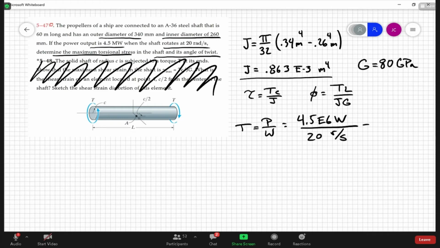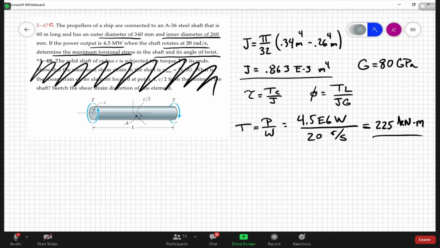And remember the watts is going to have units of Newton meter per second, so this is going to give me an answer in Newton meters. Okay, so that gives me 225 kilonewton meters. Okay, so that's the actual torque applied there.